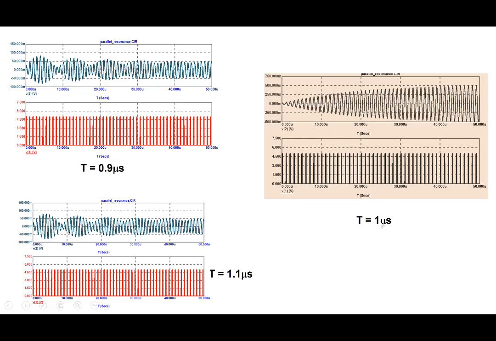The moment you go away from the natural frequency, maybe a little higher or a little lower, the system does not respond very well, and the amplitude of the output is fairly small here.